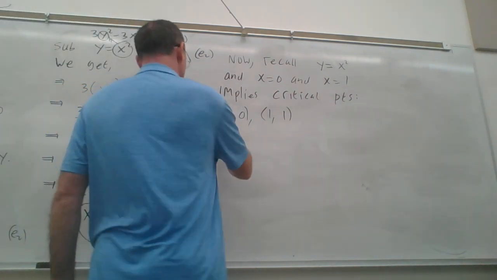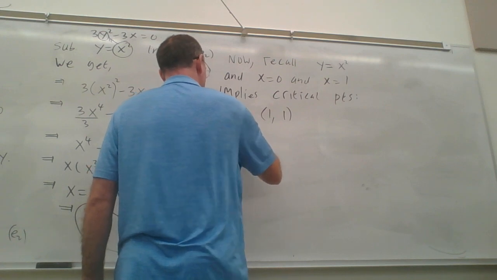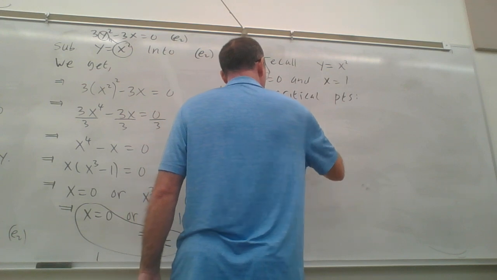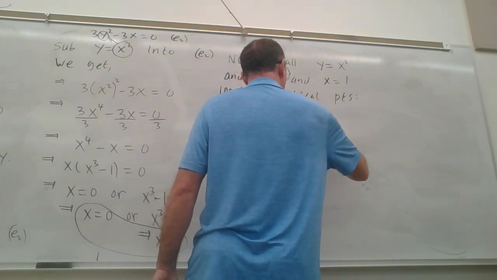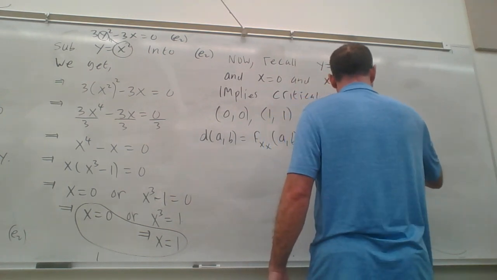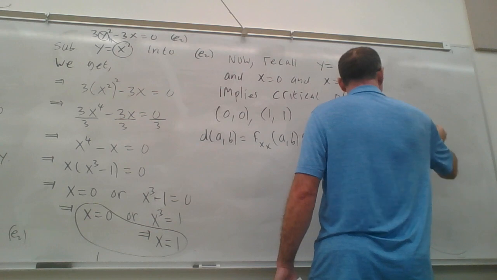So we're going to use this then. D of a, b equals f double x of a, b times f double y of a, b minus f xy of a, b squared.